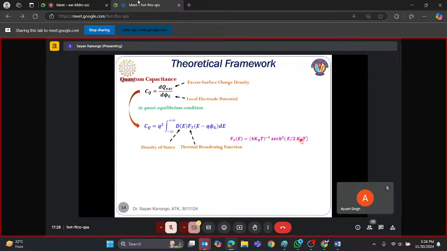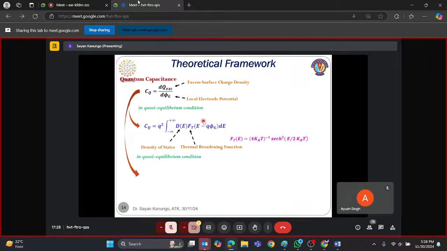The thermal broadening function basically represents the broadening in the energy level due to inhomogeneous carrier density distribution, because of the electron hole puddle induced by the local potential fluctuation in the lattice, as well as possibly the finite lifetime of the electronic states associated with the lattice under question.